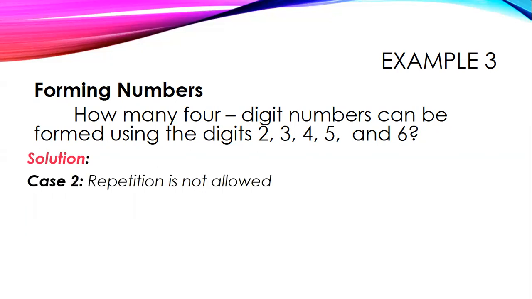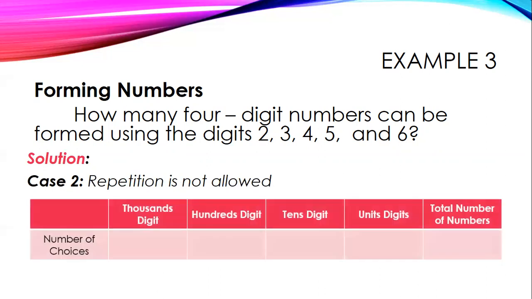Next, case number 2. Repetition is not allowed. So hindi pwedeng umulit yung number na pwede nating mailagay kay thousands digit. Okay. So how many number of choices do we have kay thousands digit? Meron tayong 5.